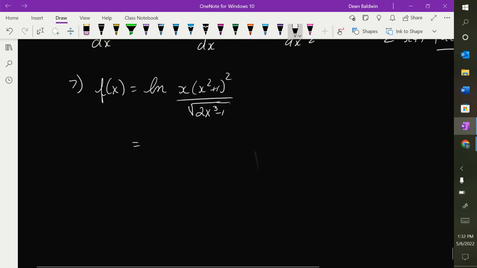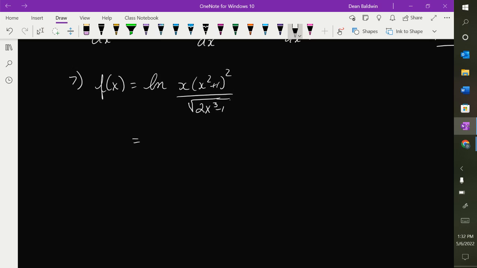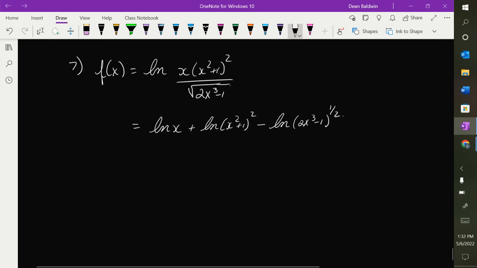But logs allow us to rewrite this. So first of all, if you're multiplying arguments, that means you're adding the logs of those arguments. And if you're subtracting, or if you're dividing, that means you're subtracting. So this expands to natural log of x plus natural log of x squared plus 1 to the power of 2 minus the natural log, and I'm going to write the square root as a power, 2x cubed minus 1 to the power of a half.